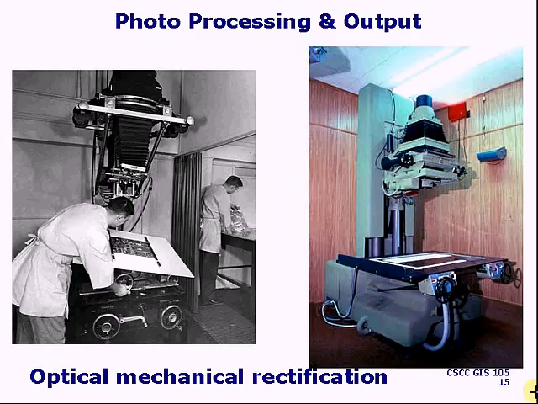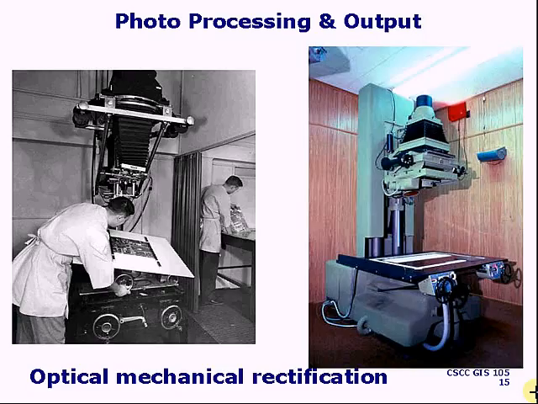But since the photo has to fall on the easel, where the photo paper goes, it's easier to just move the easel. You can see in these old optical mechanical plotters, and they are old, all you're trying to do is recreate the distortions that forced the light ray in one corner to travel farther than the light ray in the other corner because the camera was tilted.